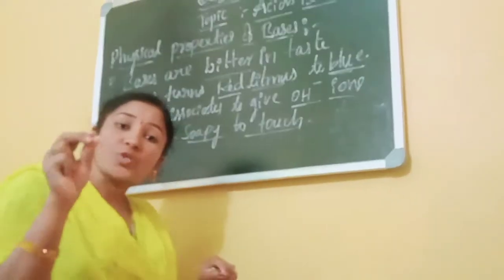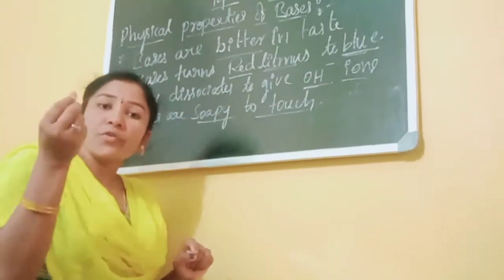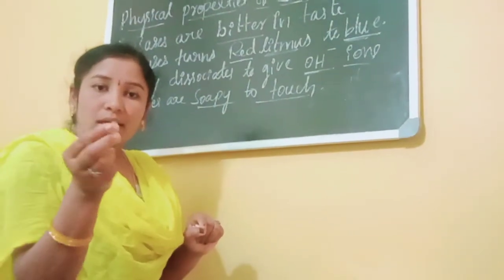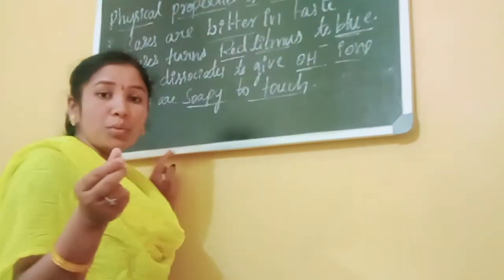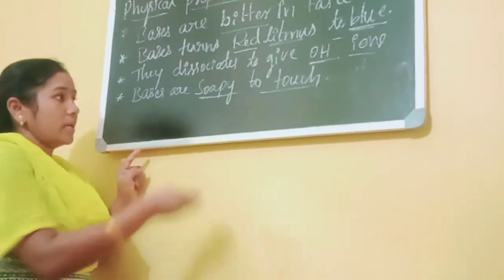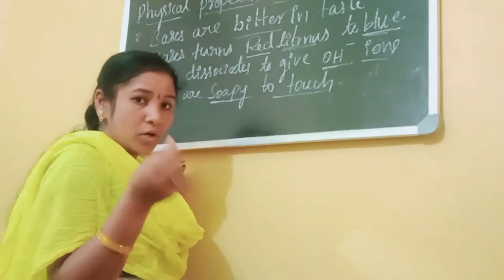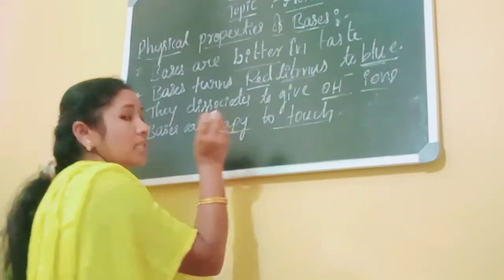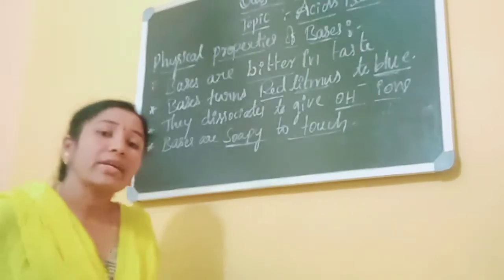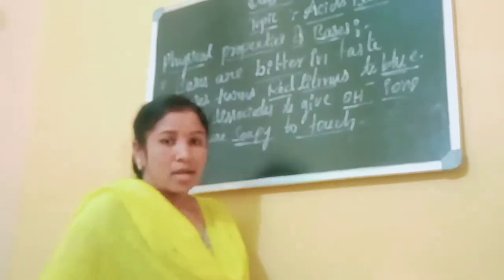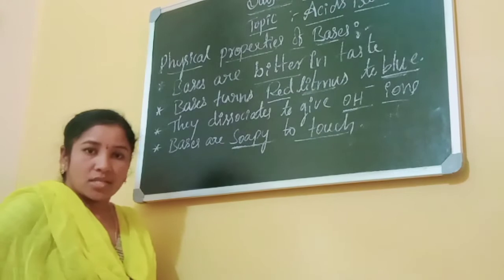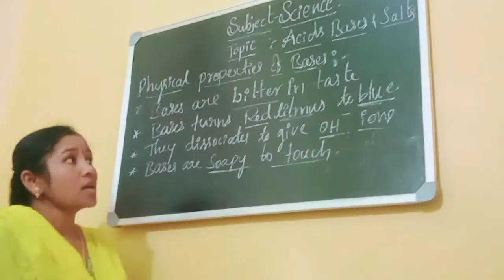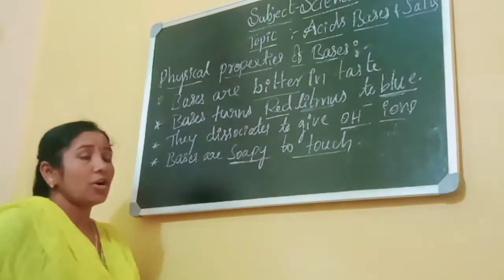Whenever we touch soap or surf, how do we feel? We feel it is smooth, no? Like that, we can form a lather, no? We feel the same whenever we touch bases. Understand? So bases are soapy to touch. These are some physical properties of bases.